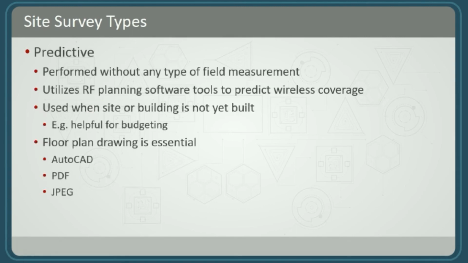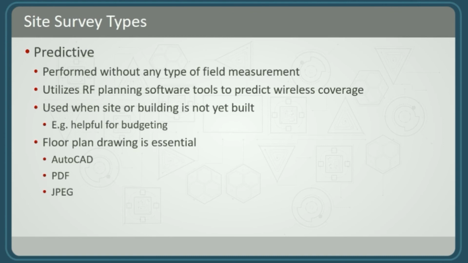Then the third type is the predictive. This is performed without any type of field measurement. And effectively, this is when you are considering a new implementation rather than assessing an existing one. This uses RF planning software to predict the wireless coverage. So in essence, this is done at an architectural level, often used when the site or the building is not even built yet.